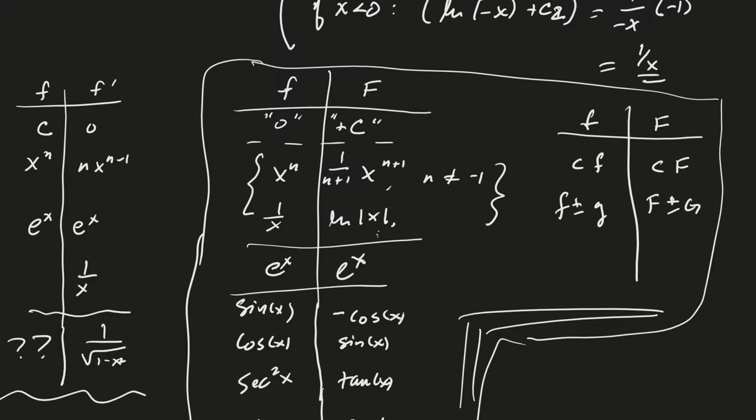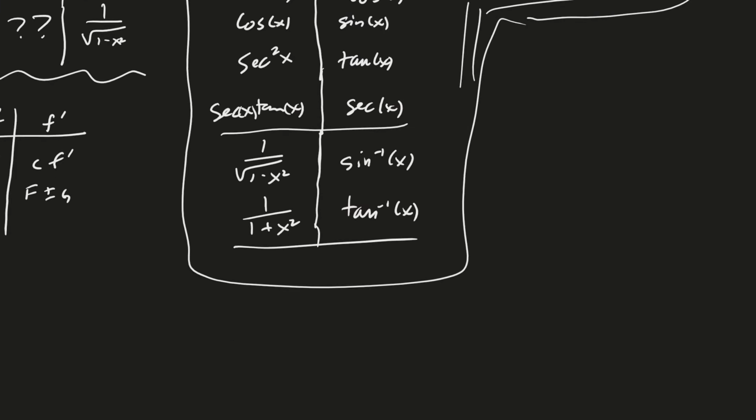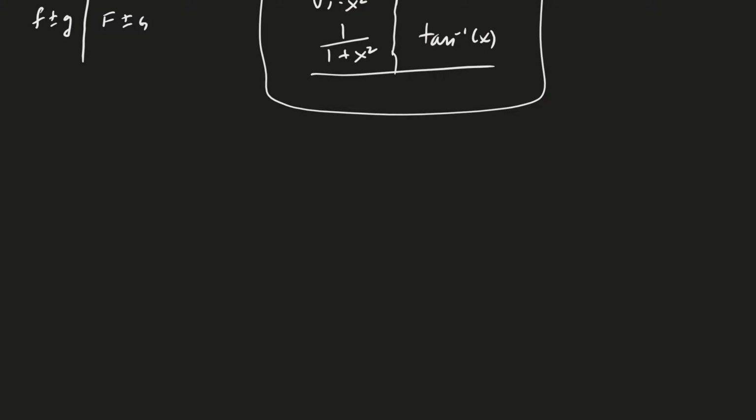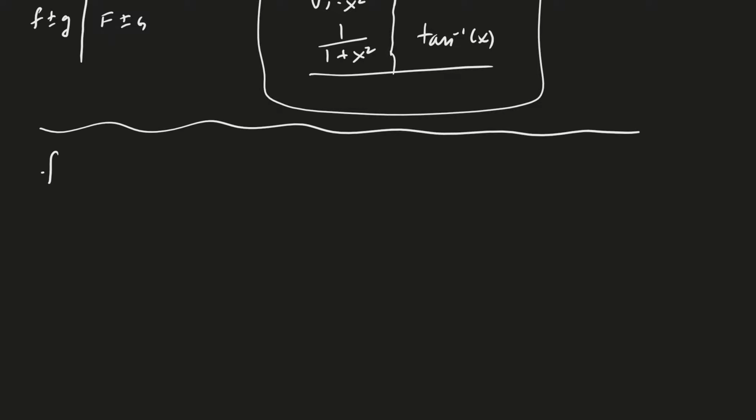So let's try another example here now that we've had a little taste of our table. Suppose that f of x is equal to the square root of x plus 5 minus 4x squared plus x cubed, divided by x to the fourth.